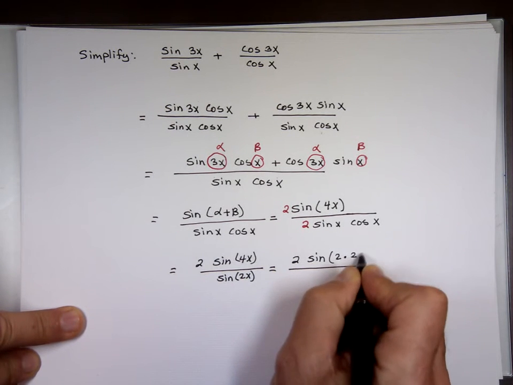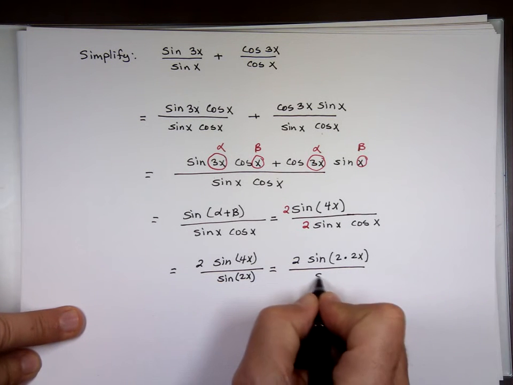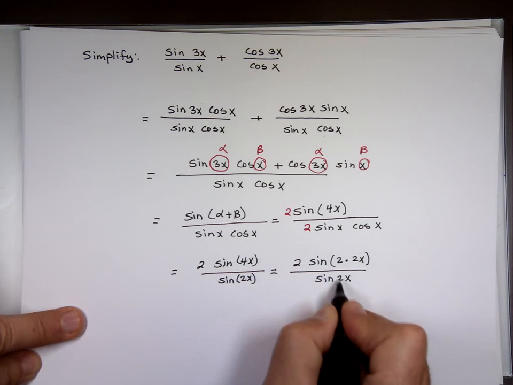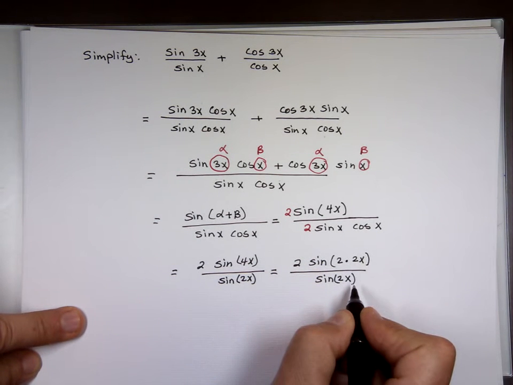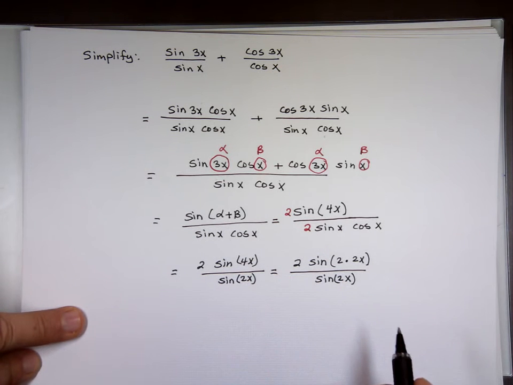Double the angle. Wait, what happened to cosine? Sine, cosine, the 2 times that is sine 2x. Oh, yeah. So here's that 2 in the front.